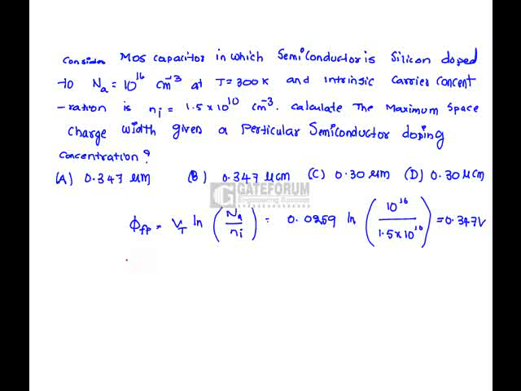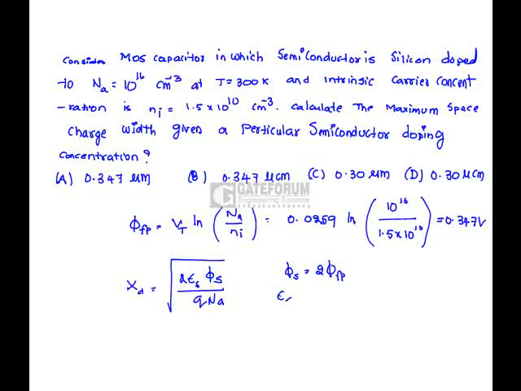The maximum space charge width, XD, is denoted as the square root of 2 epsilon s phi s divided by q Na. Semiconductor is silicon, so we use epsilon s; phi s is the surface potential. Here the surface potential phi s is nothing but 2 into phi fp. Since we got phi fp, we can decide phi s.